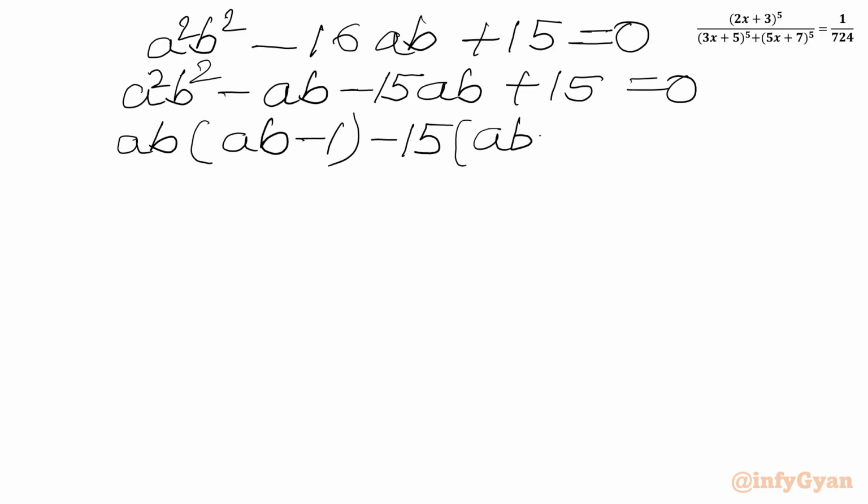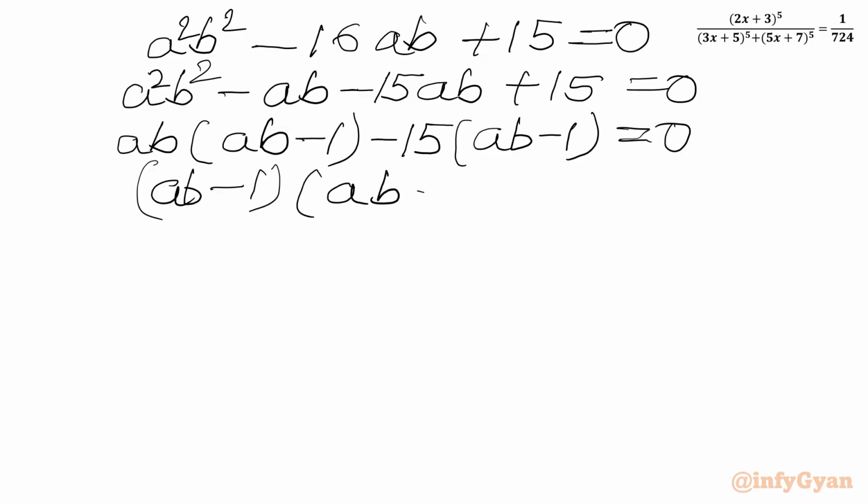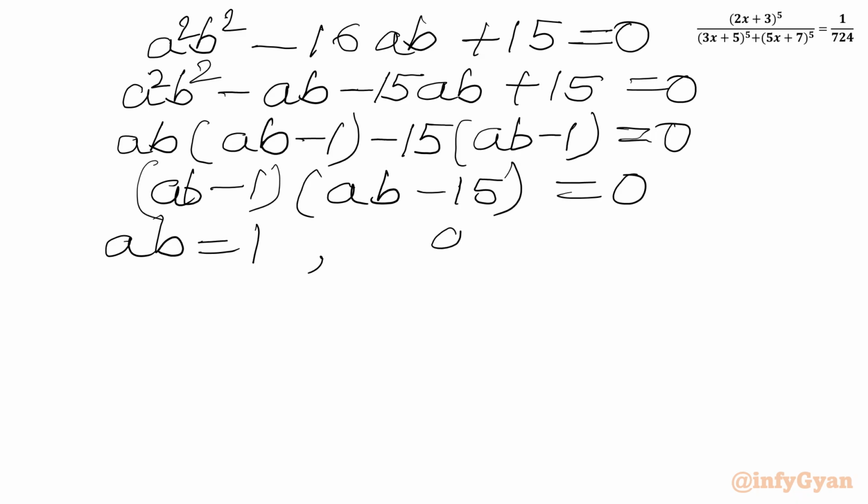So we will get AB minus 1 in the bracket again. Now AB minus 1 is common. We will get AB minus 15 in the other bracket equal to 0. From product 0 rule I can write AB equal to 1 or AB equal to 15.